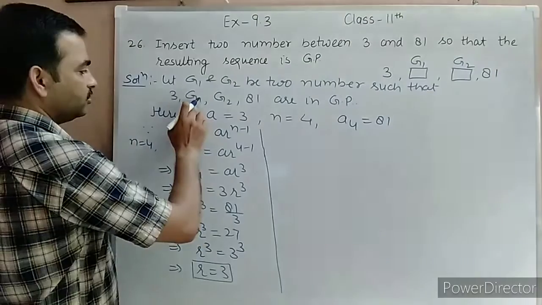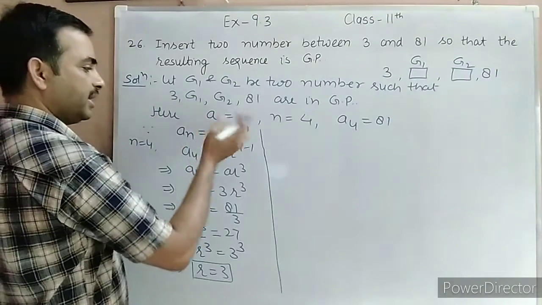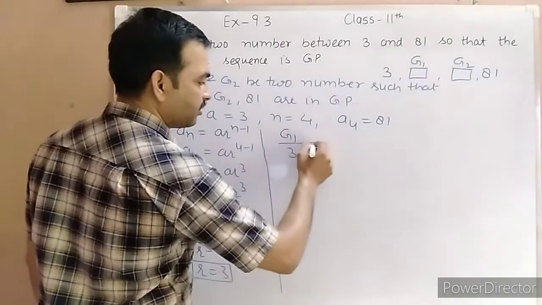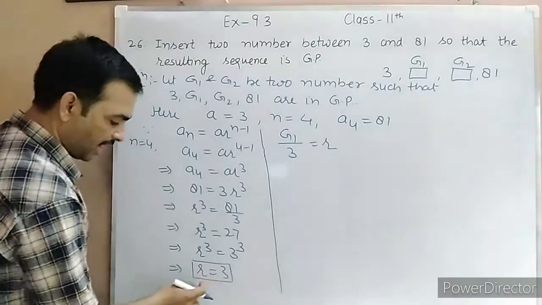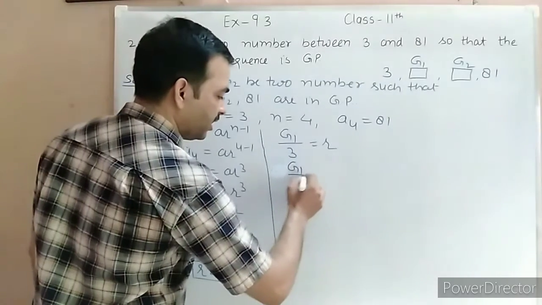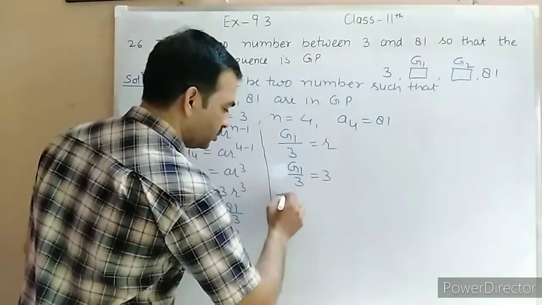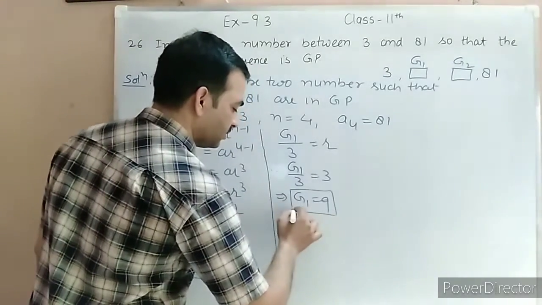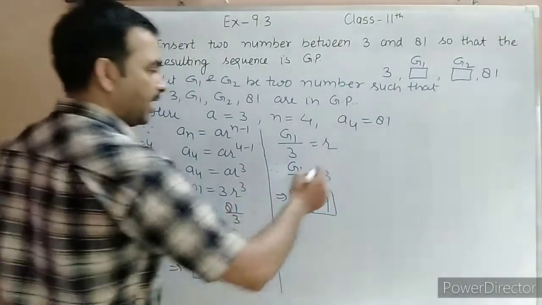Now G1 divided by 3 is equal to R, and R is equal to 3. Therefore G1 by 3 is equal to 3 and G1 is equal to 9. So this is the first required number.